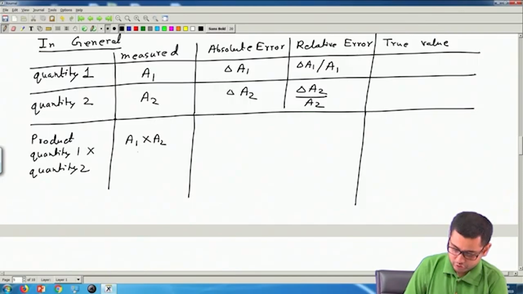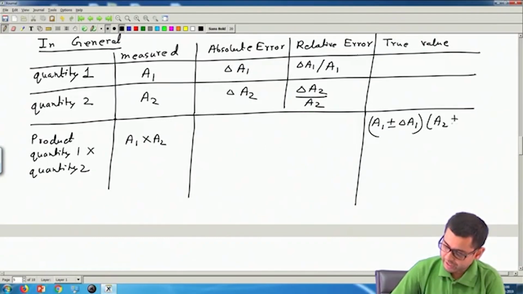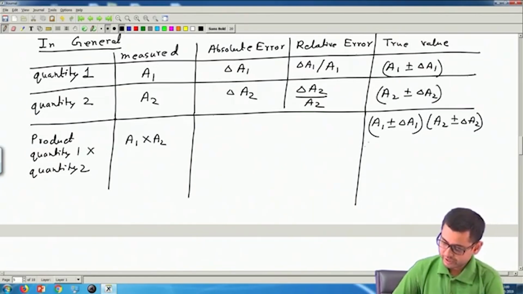The true value for this quantity will lie between A1 plus minus delta A1 multiplied by A2 plus minus delta A2. This is because the true value of quantity 1 is A1 plus minus delta A1, and for quantity 2 it is A2 plus minus delta A2.